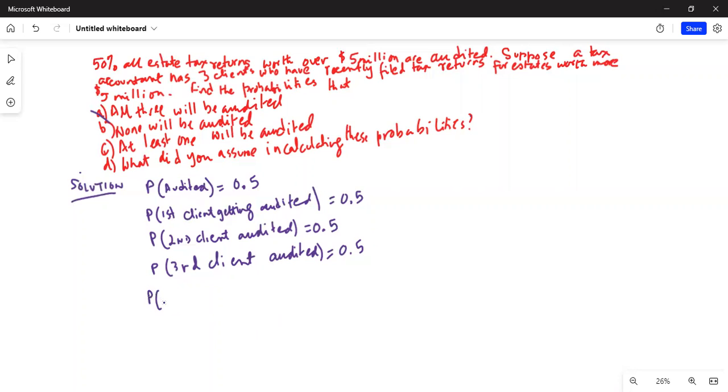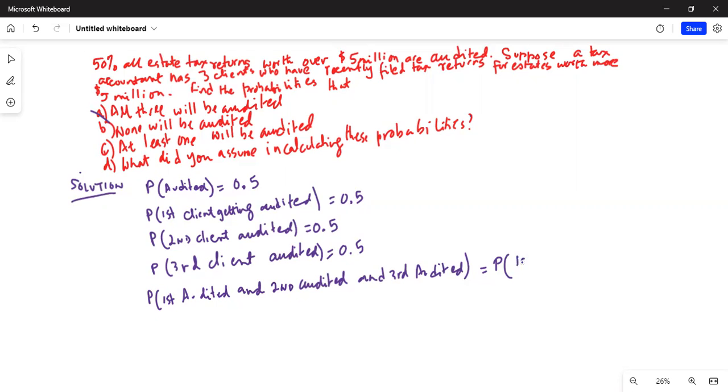So the probability of first audited and second audited and third audited, because these are independent events, the joint event where all of them get audited will be the product of the individual probabilities.